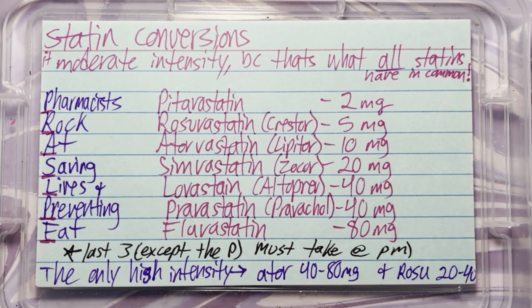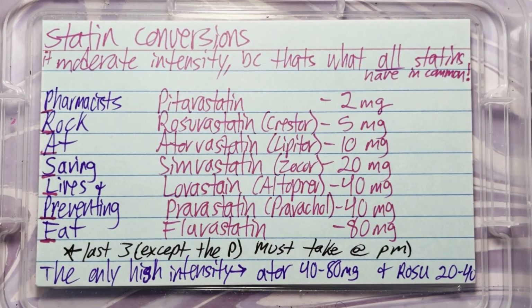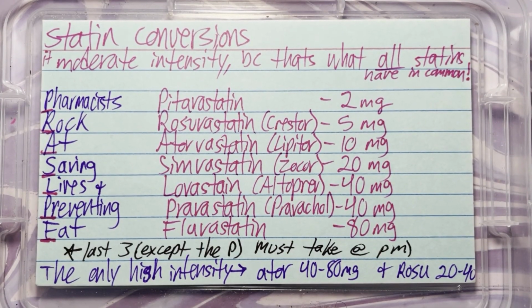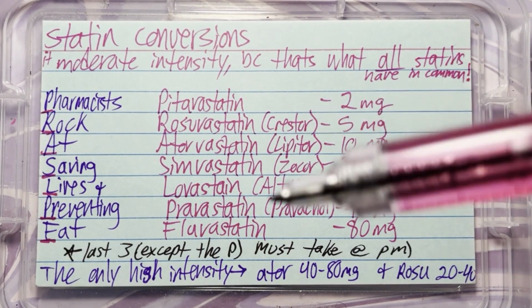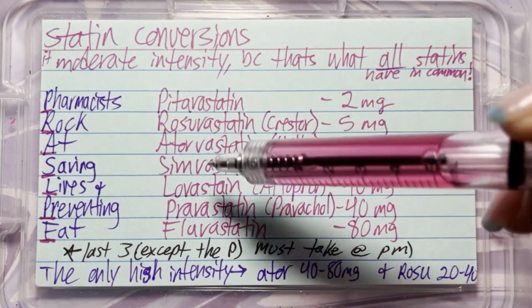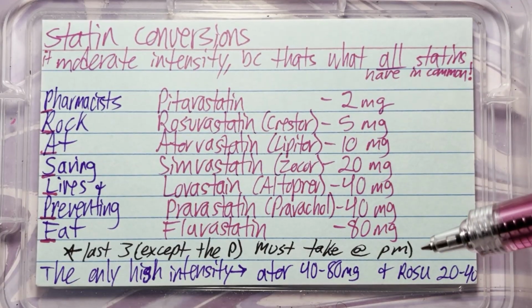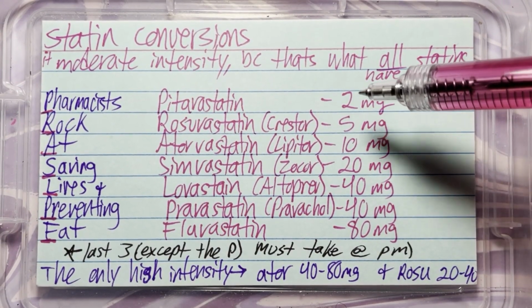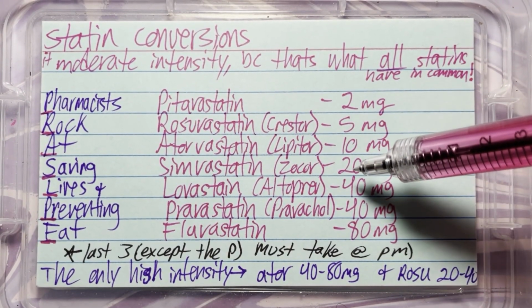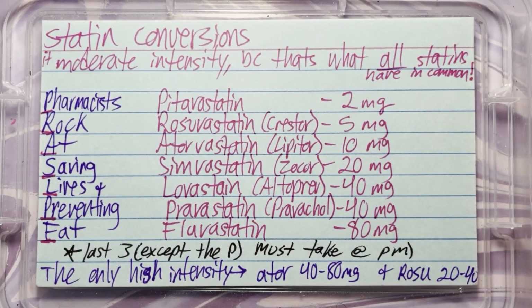Right, the classic statin acronym, I'm sure you all have heard this before. Pharmacists rock at saving lives and preventing fat, and the respective drugs correspond with that. Now, the milligrams is what you need to memorize. 2, 5, 10, 20, 40, 40, 80.